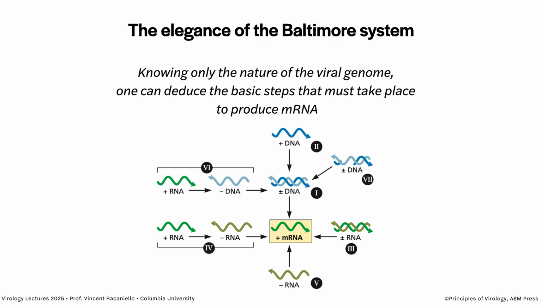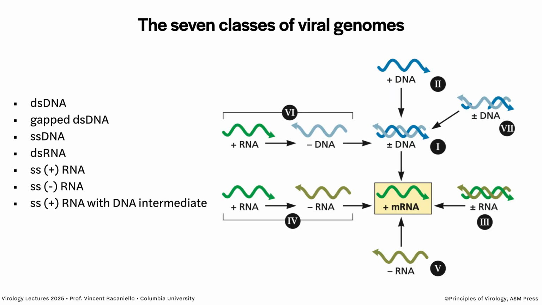So again, 7 classes of viral genomes, double-stranded DNA, gapped double-stranded DNA, single-stranded DNA. So those are the three categories of DNA. And then double-stranded RNA and single-stranded RNA of plus and minus polarity. And one of those plus single-stranded RNA has a DNA intermediate.